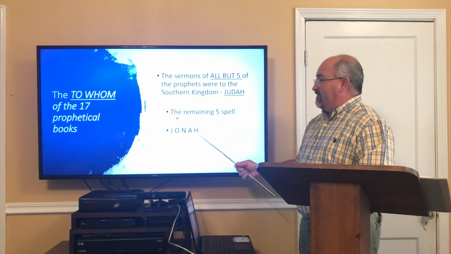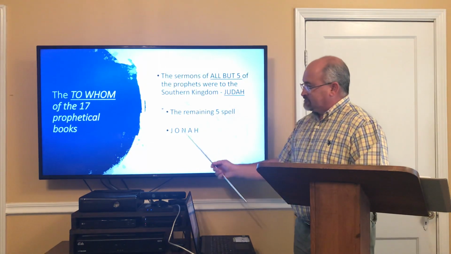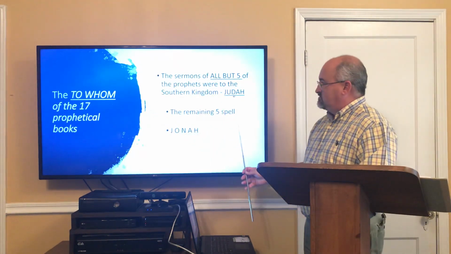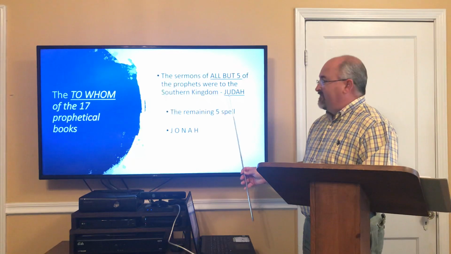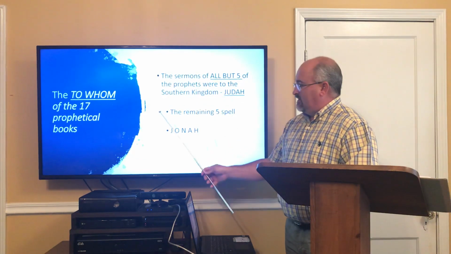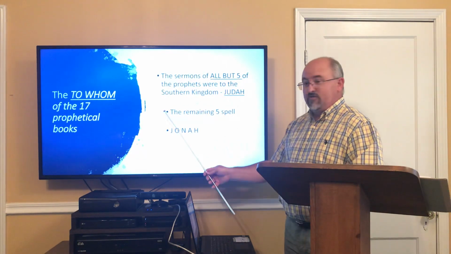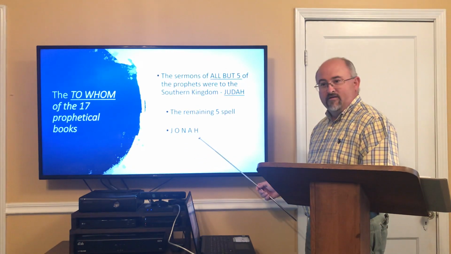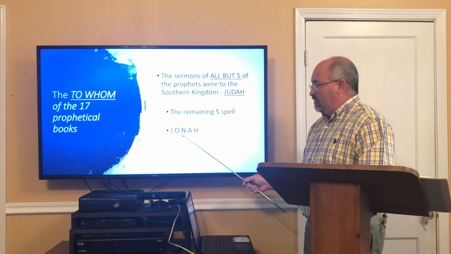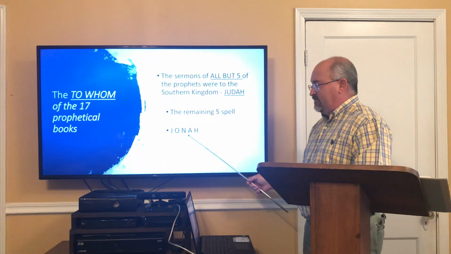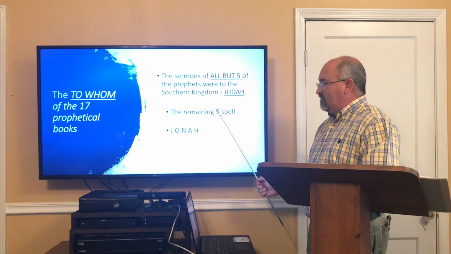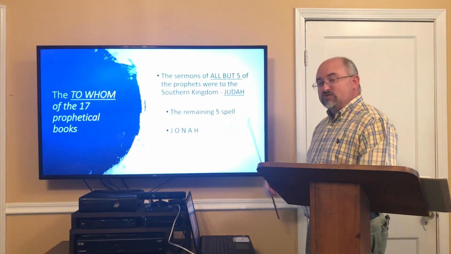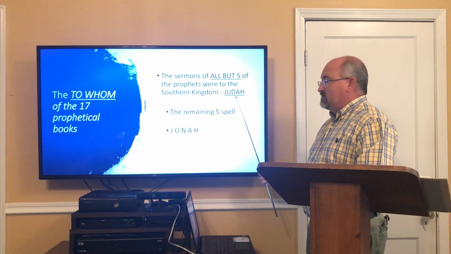All right. Now the remaining 5, all but 5, to Judah. Okay? The 5 that did not preach to Judah spell the word Jonah. So remember the word Jonah, and we'll learn the 5 prophets that preached to somebody other than Judah.